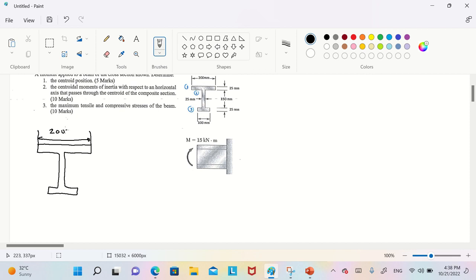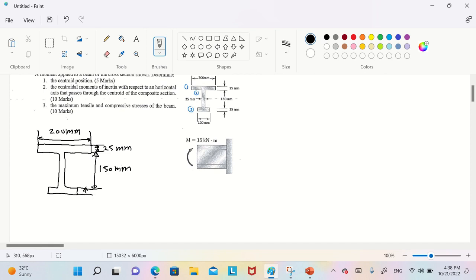Here's 200 millimeter, 25 millimeter. From here to here is 150 millimeter.